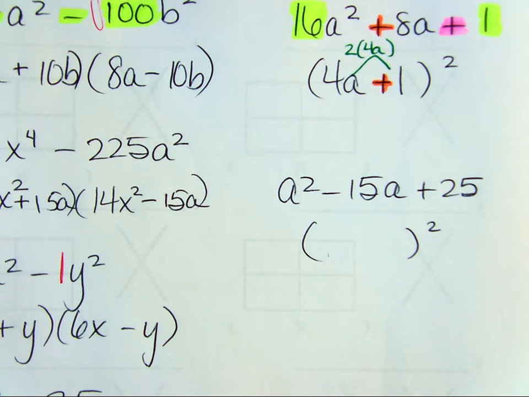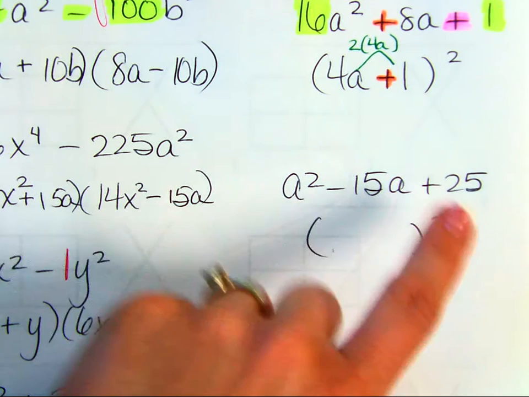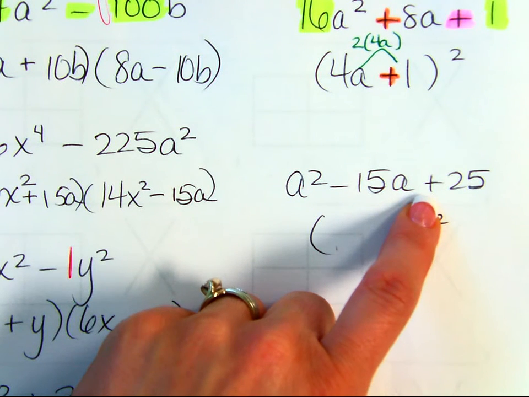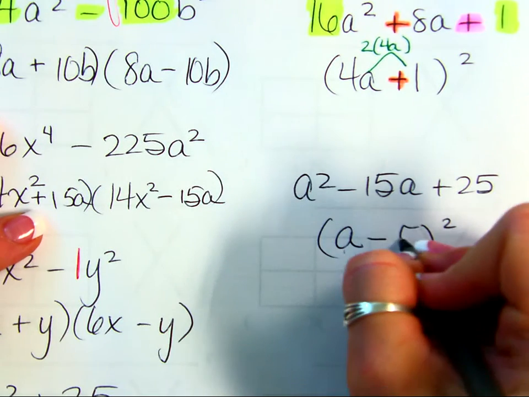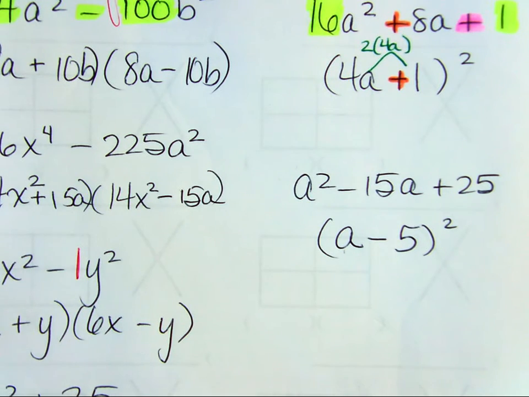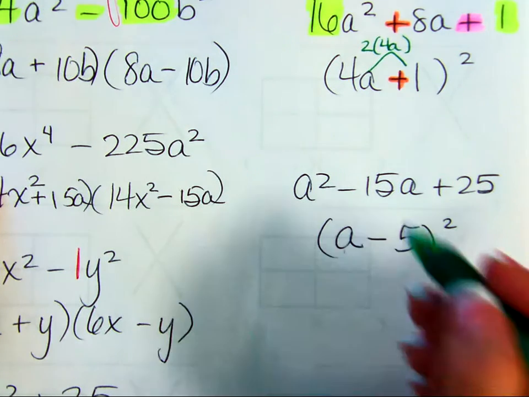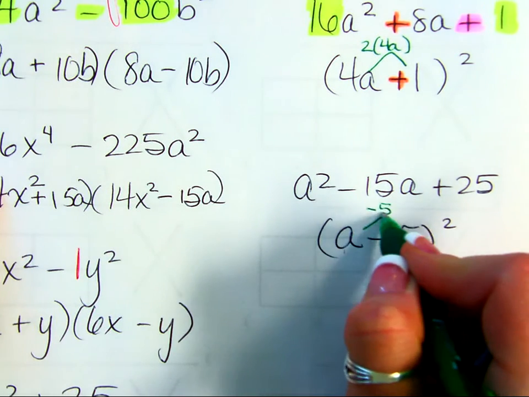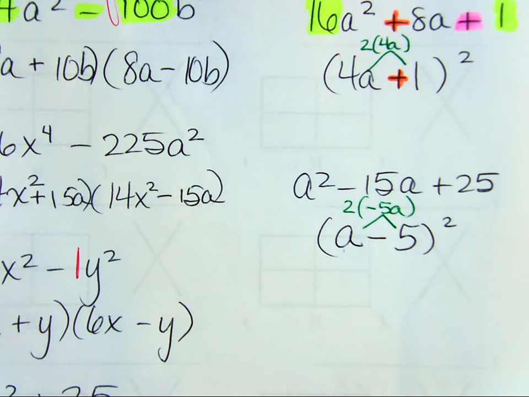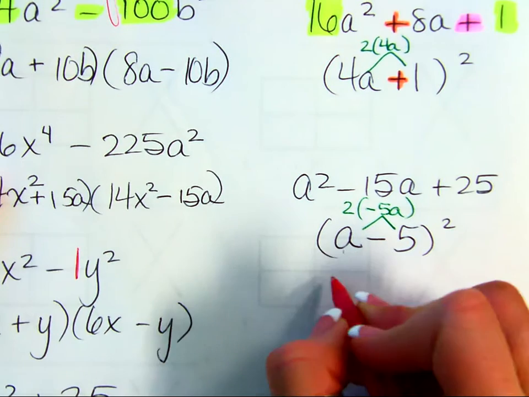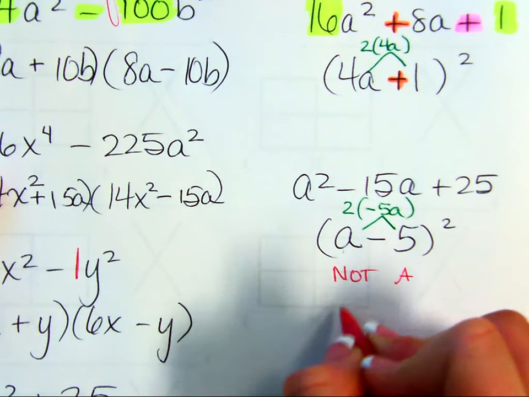That's a square number. That's a square number. That's a plus. So you put your a, you put your minus, you put your 5, but you're not done. You have to see if it actually does factor to that. Okay? So what is a times negative 5? Negative 5a. And if I have two of them, does that give me a negative 15a? No.